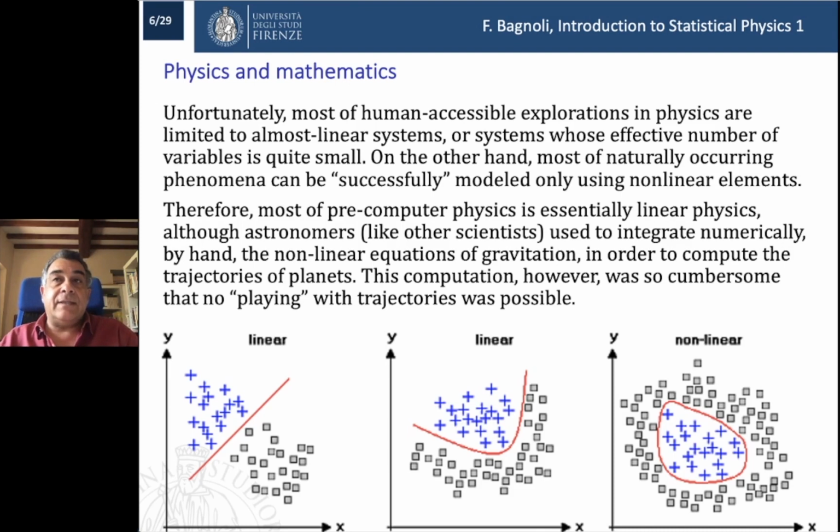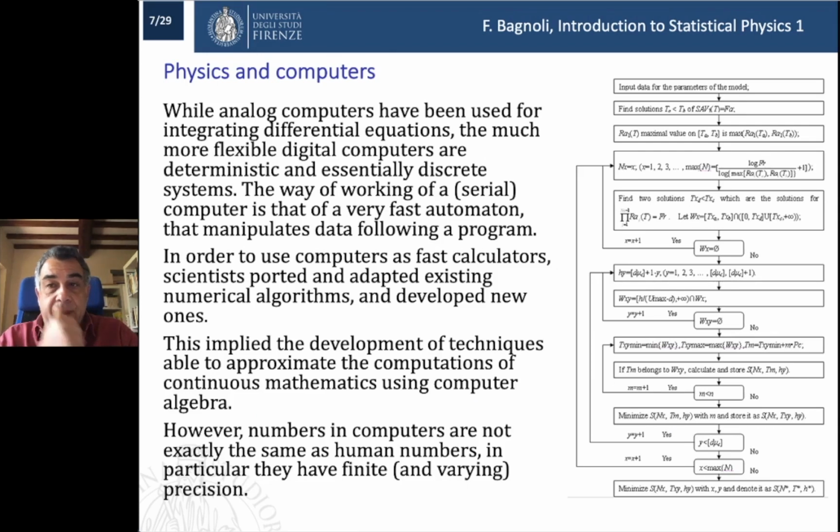Actually, this has been done also by hand, for instance, by astronomers who were able to integrate the equations of motion of planets and forecast, I don't know, eclipses, conjunctions, and so on. Okay, but we have computers, and we want to start investigating complex systems, essentially statistical physics, by computers.